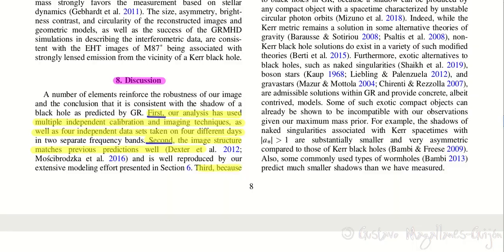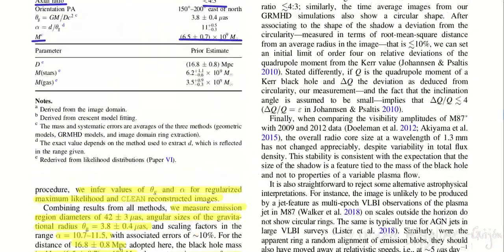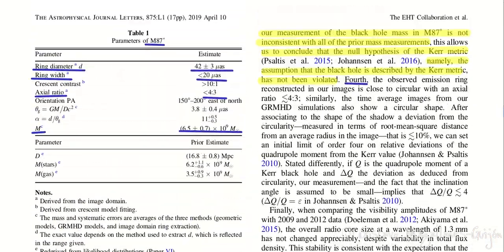Third, our measurement of the black hole mass in M87 is not inconsistent with all of the prior mass measurements, which allows us to conclude that the null hypothesis of the Kerr metric, namely the assumption that the black hole is described by the Kerr metric, has not been violated.